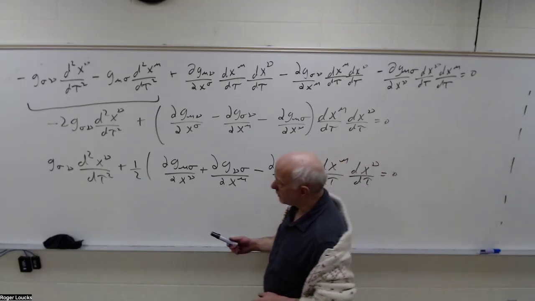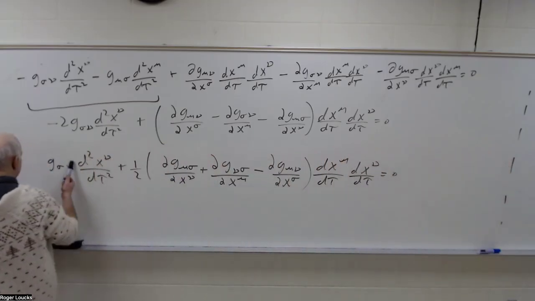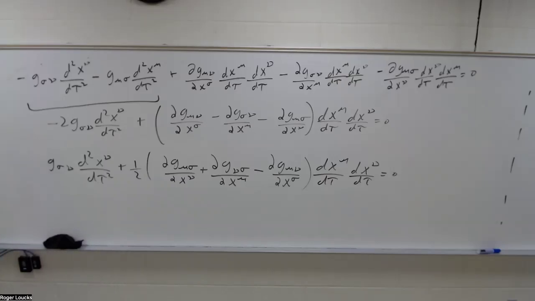Now tell me how to get rid of this guy here. We know that if I multiply this by G, it's a Q. If I have G beta sigma, G sigma nu, what does that equal?